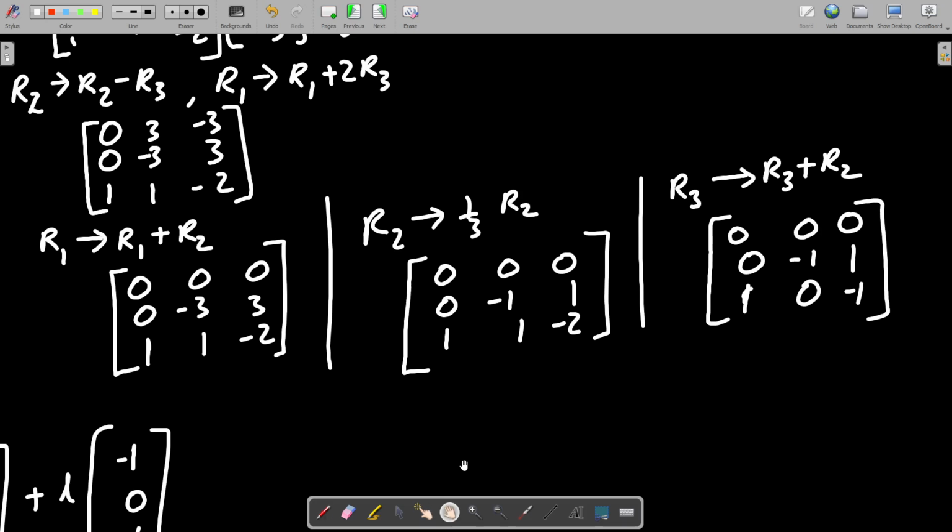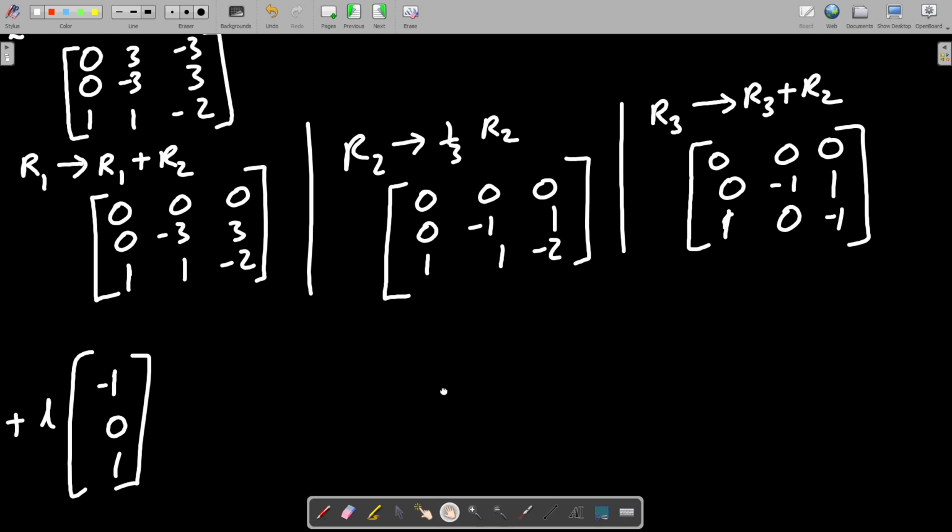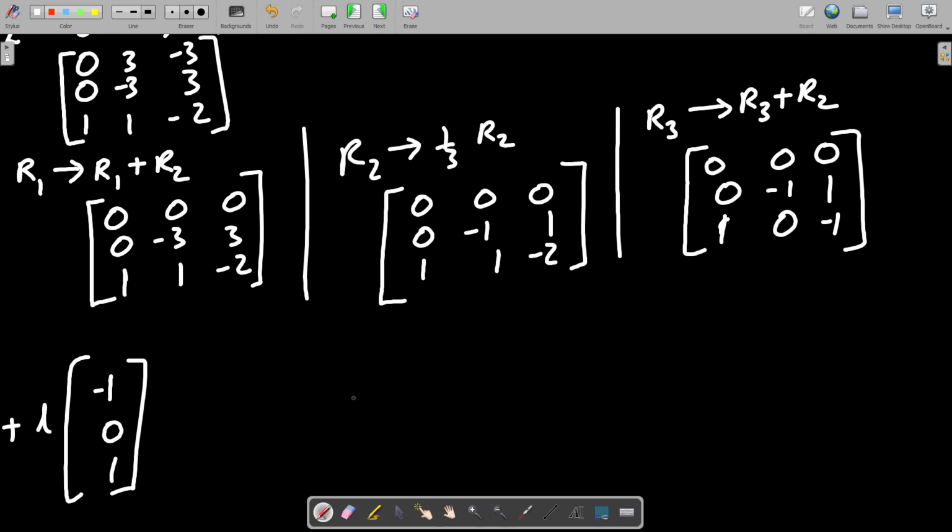Okay, so thus after all the simplification, what remains here is 0 0 0 0 minus 1 1 1 0 minus 1.